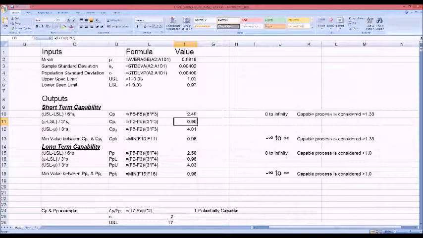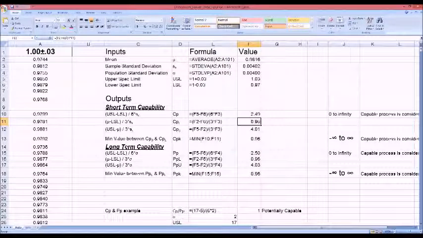What that means is if it's greater than 1.33, the probability of it producing a good part consistently is very good. If it's less than that, then you're getting into the case where over time you'll probably be producing bad product.